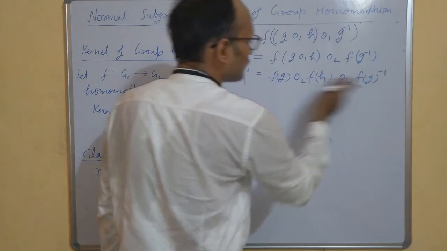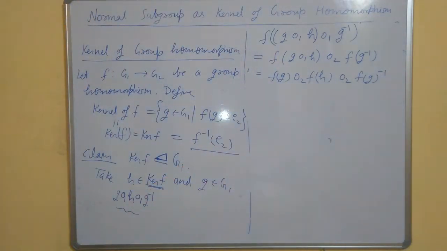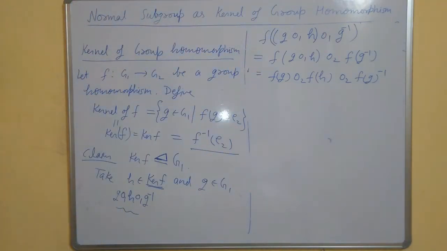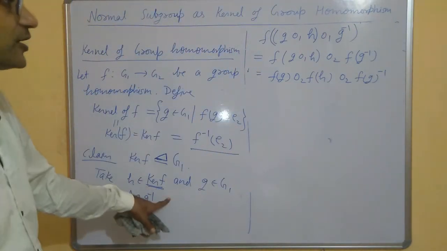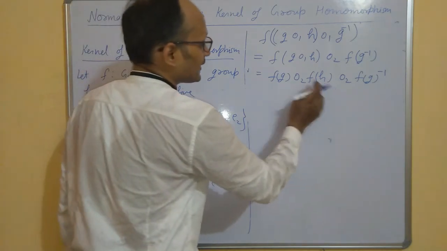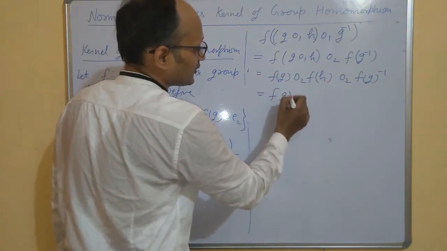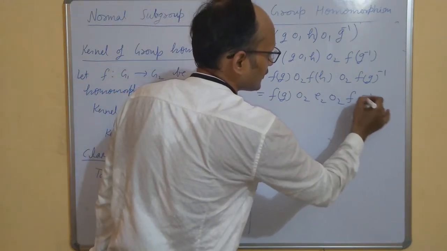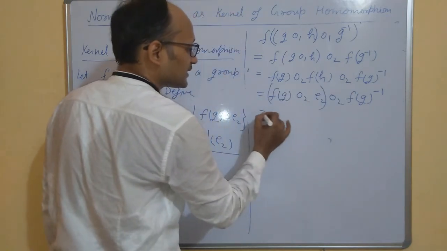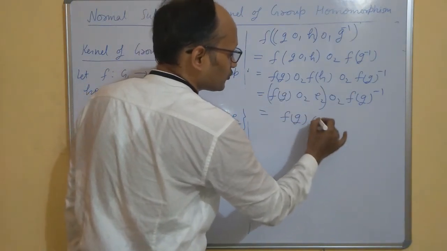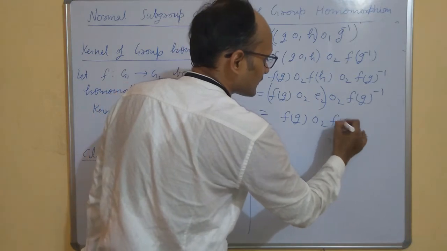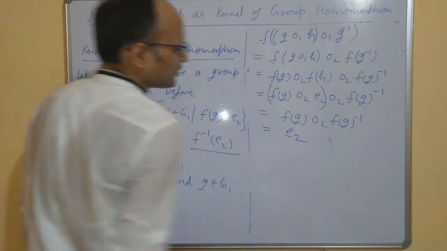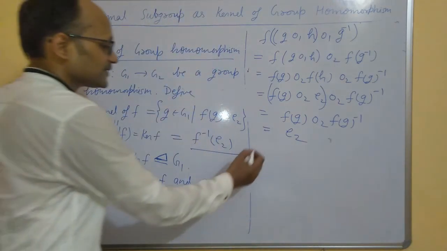Now I can remove the bracket because of associativity; whether you compose this first or that first will not matter. Now h belongs to the kernel of f means f of h is the identity. So f(g) ∘2 e2 ∘2 f(g inverse). If you compose this, it gives f(g) ∘2 f(g inverse), and that is again e2.